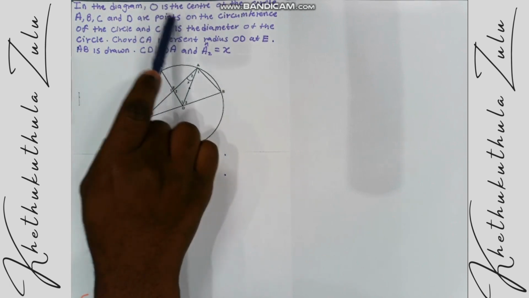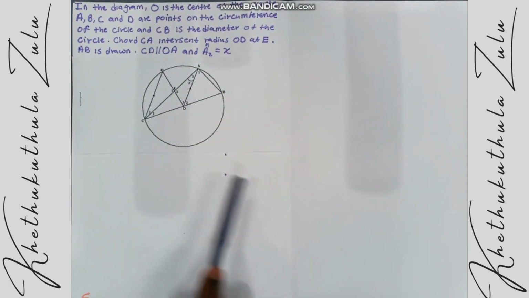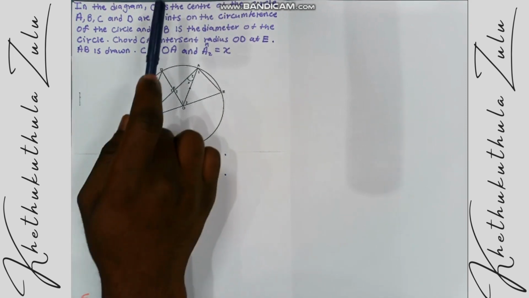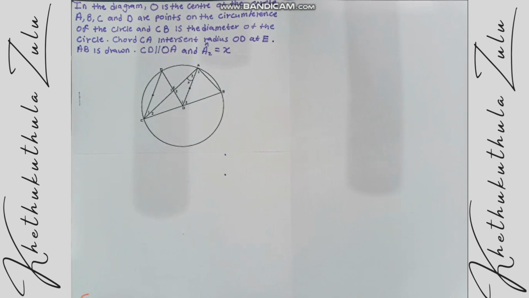Try to connect the statement and the diagram before you come to the question. So let's first read our statement step by step, correlate it with the diagram, then we'll come to the question after that.